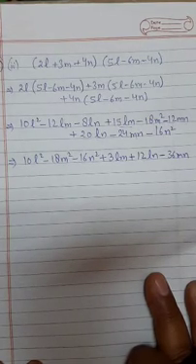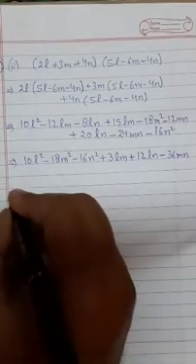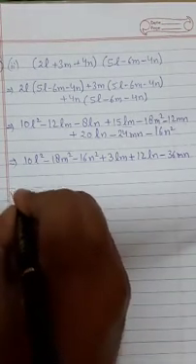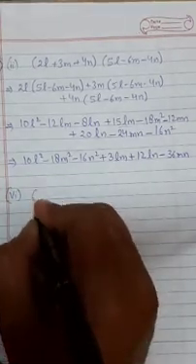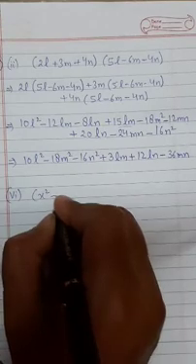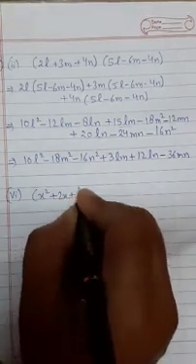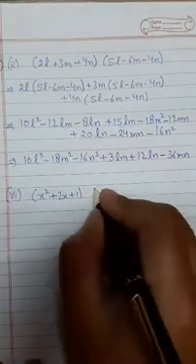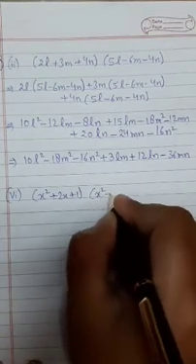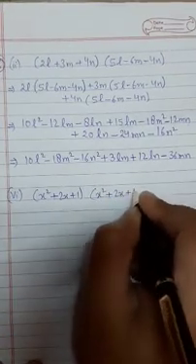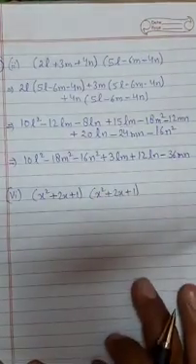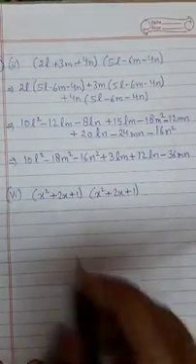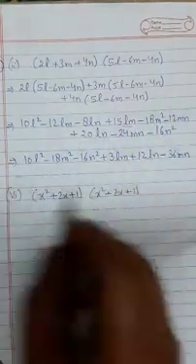Let's do one more part of this question. That is going to be the last part. So let's do the sixth part of question number 6. Writing the expressions. x square plus 2x plus 1 has to be multiplied to x square plus 2x plus 1. So if you see, both the brackets are same, but we are going to proceed further with the same sequence of steps.